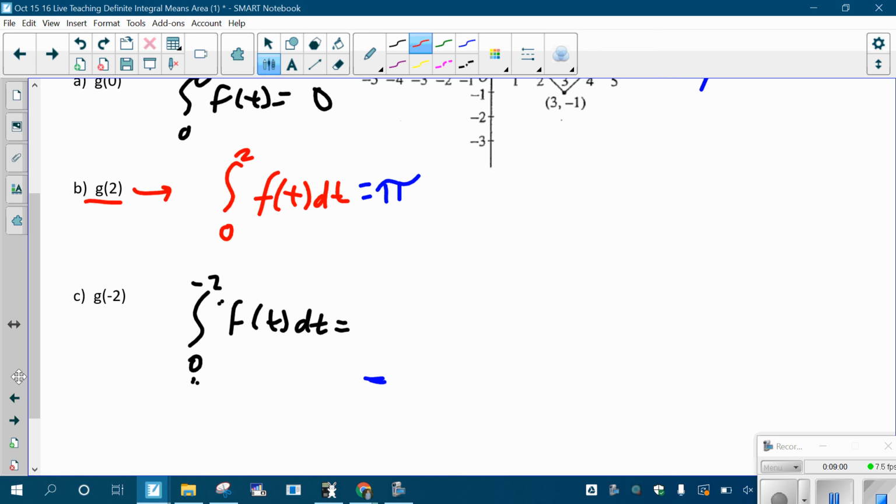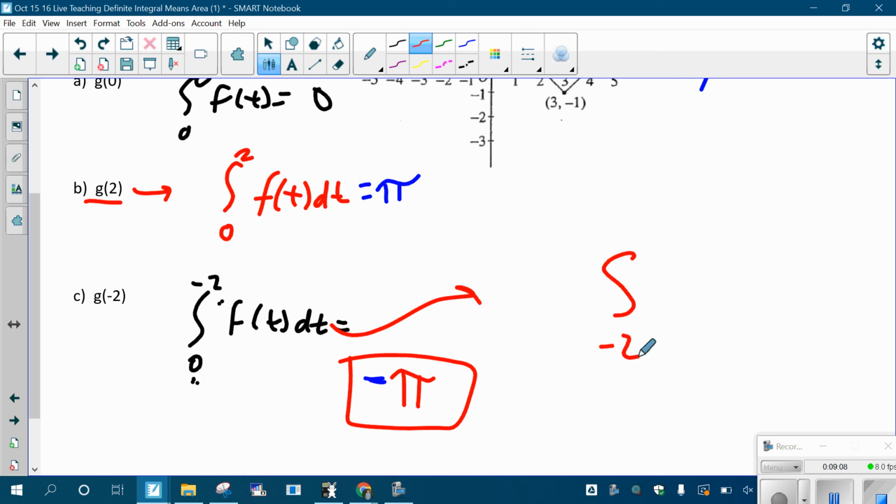But since I'm moving backwards, I need to say it's -pi. The other way to think about that would be to look at that definite integral and say, wait, I gotta have the lower number on top, and then put a negative out there. That's what a lot of people do. Oh, I'm gonna find the area under the curve from -2 to 0, and then I'm gonna make it the opposite of what it was.